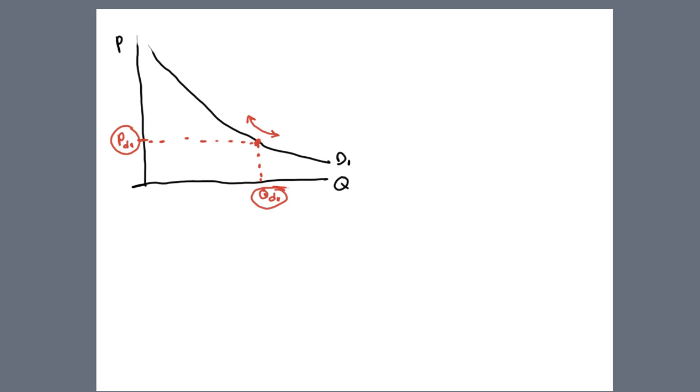So for instance, if the price of coffee increases to, say, $3.50, this is my second price, then at this price I am going to demand this much coffee.